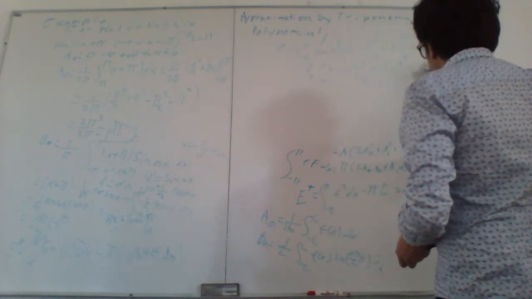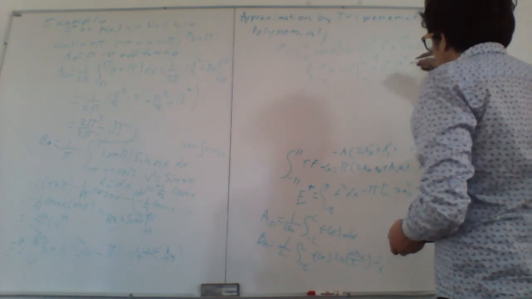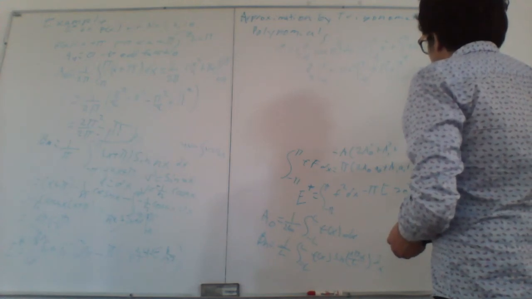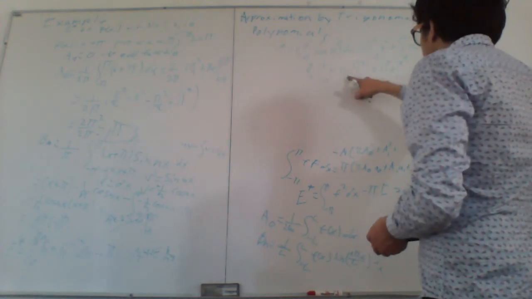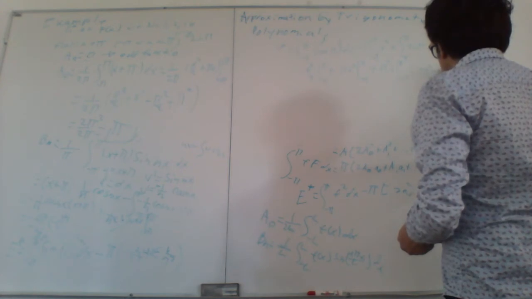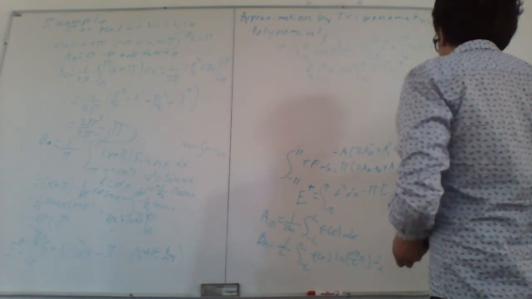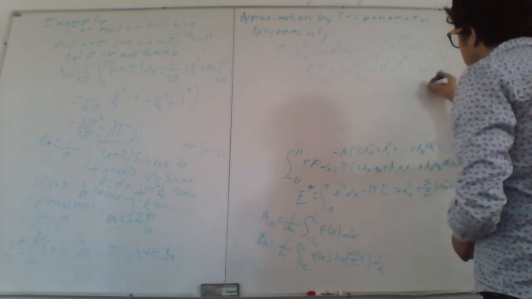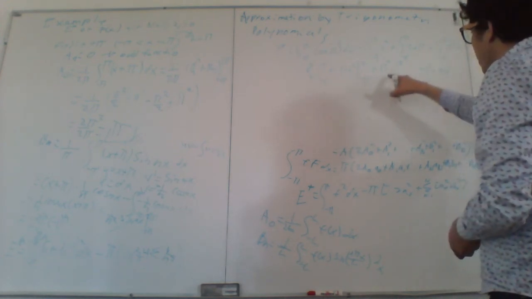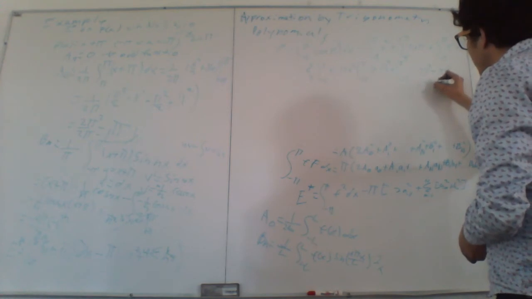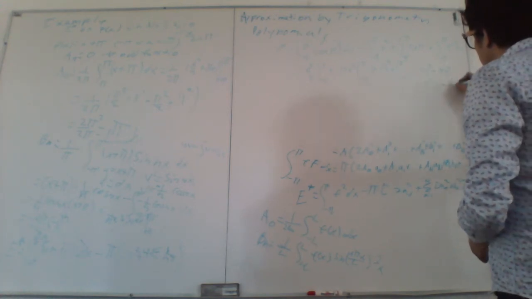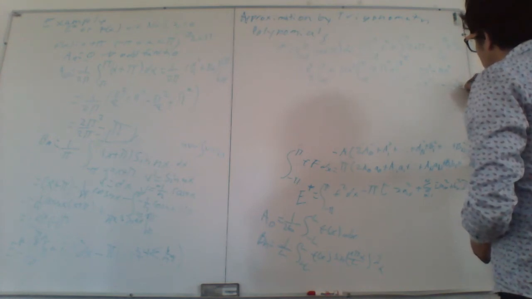So we have pi squared minus pi squared plus pi squared times pi, minus pi squared times minus pi.